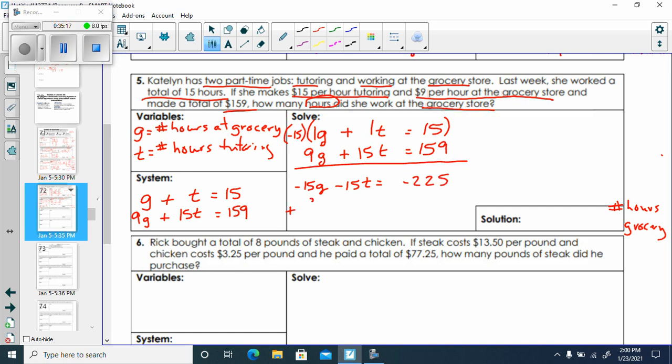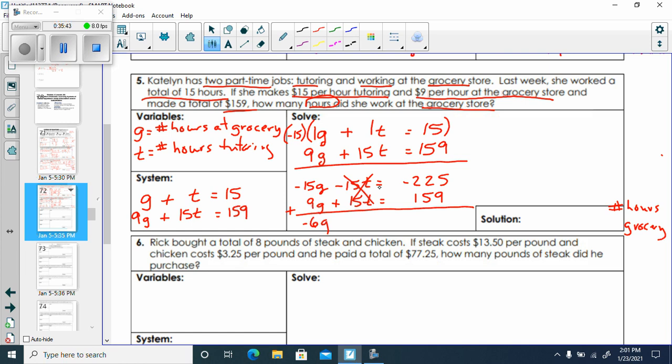Remember, I'm always adding these things. 9G plus 15T equals 159. Negative 15G plus 9G would give me negative 6G. Negative 15T plus 15T gives you 0. You've eliminated this one.